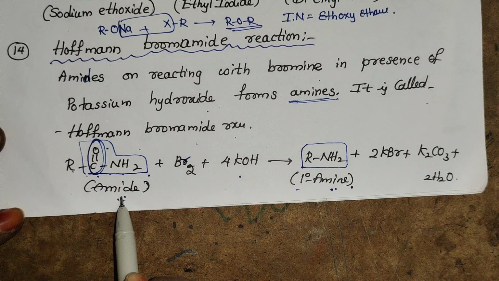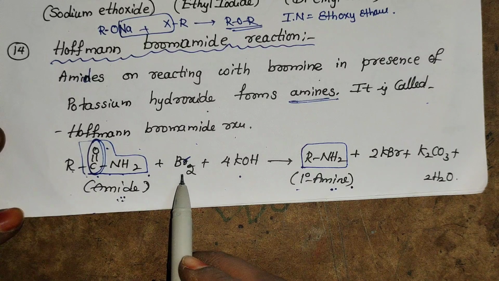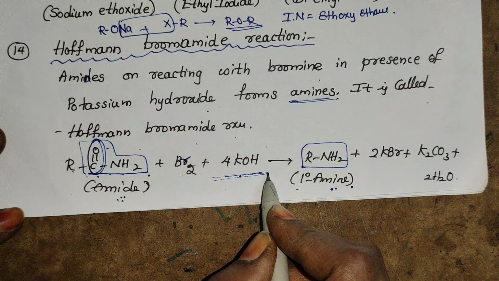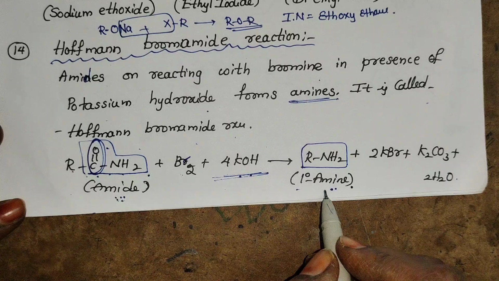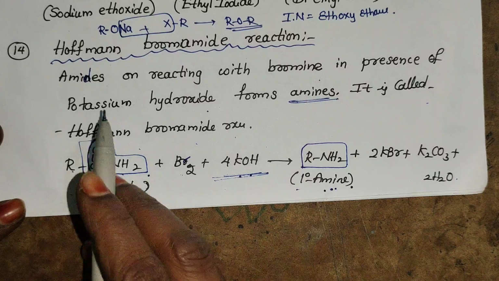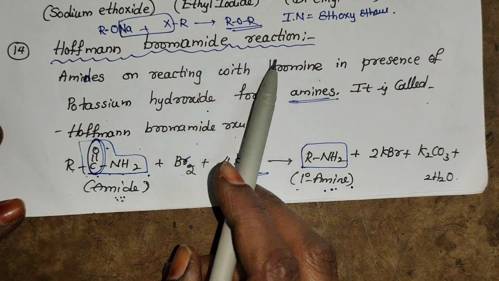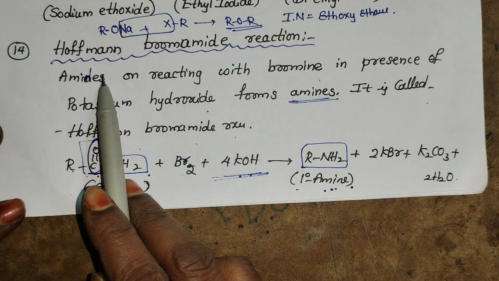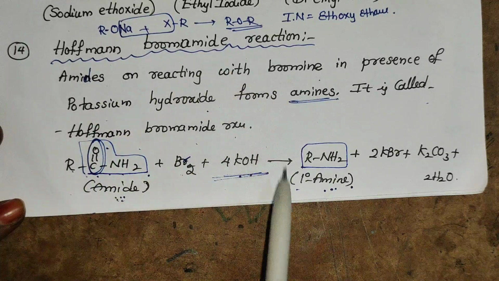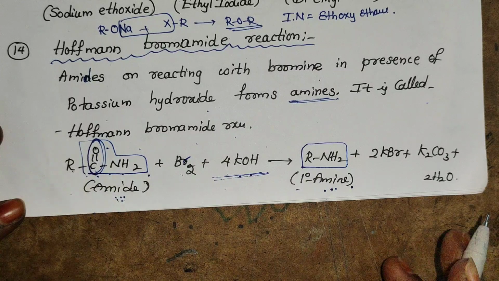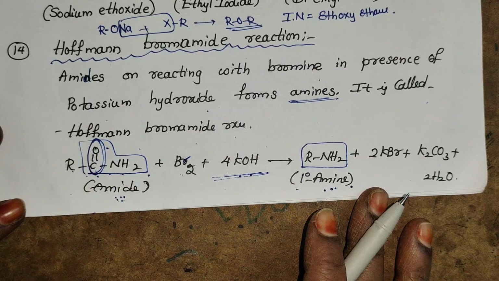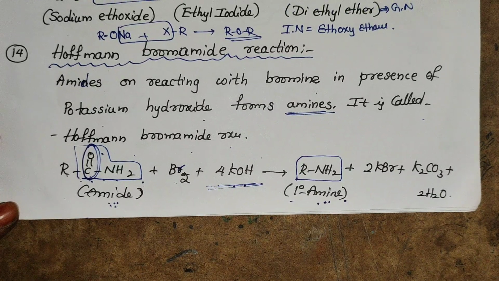This amide is reacting with bromine in presence of base, which base? Potassium hydroxide. From amides to primary amine preparation is known as Hoffmann bromamide reaction. It is also called Hoffmann bromamide degradation reaction. Why? Because here the carbonyl group is eliminated.